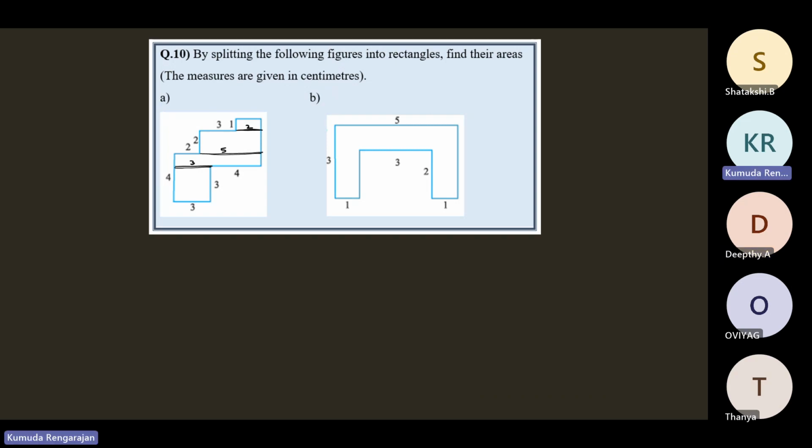We'll discuss that now. We'll discuss these two answers, A and B, and we'll discuss the answers to the assignment. Thanks for reminding me, Deepthi. Once we finish A and B, kindly remind me about the assignment.